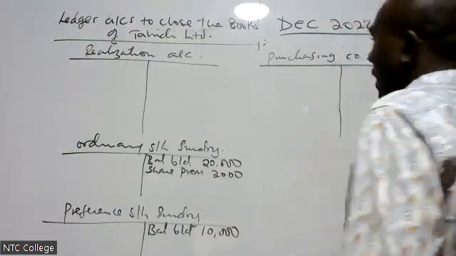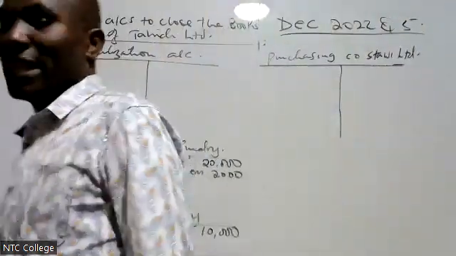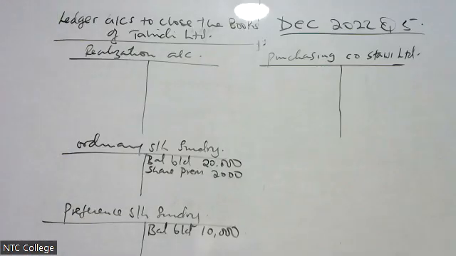This is our purchasing company account. Those are the ledger accounts we are going to prepare to close the books of Dahiti Limited.